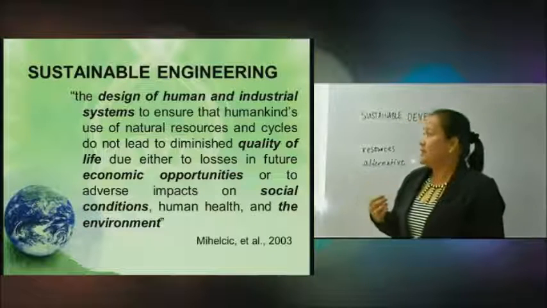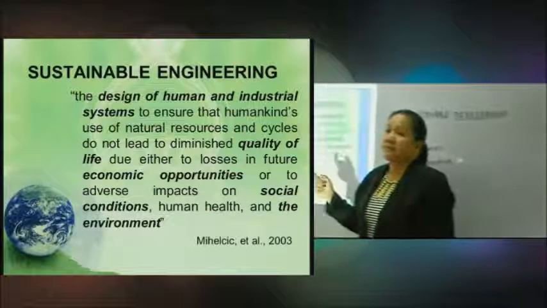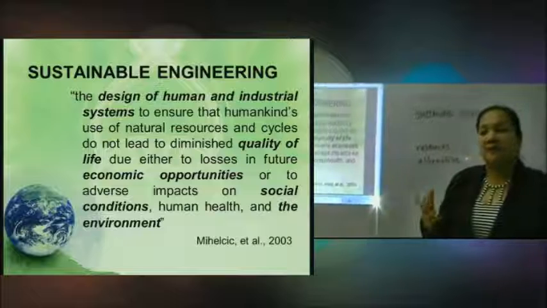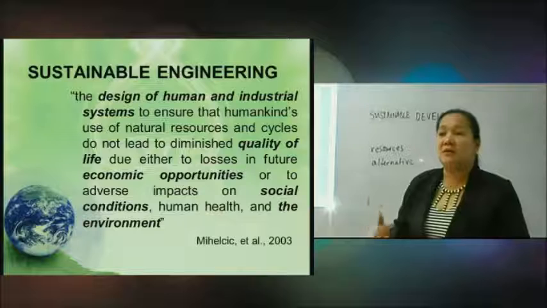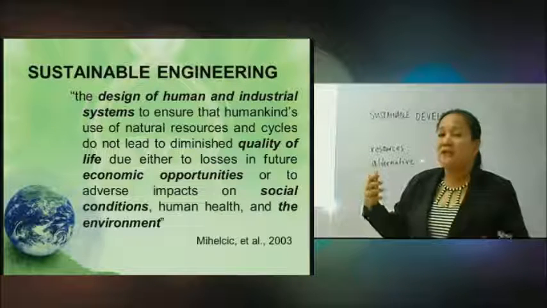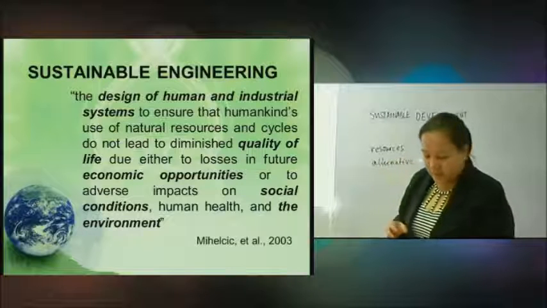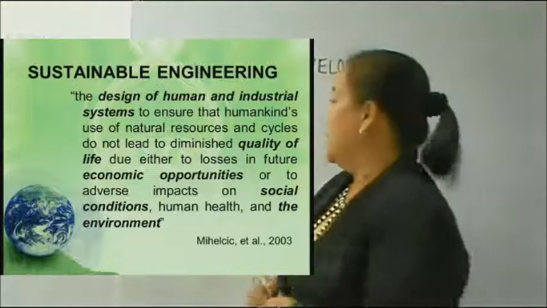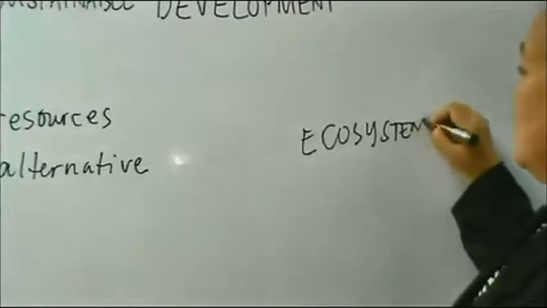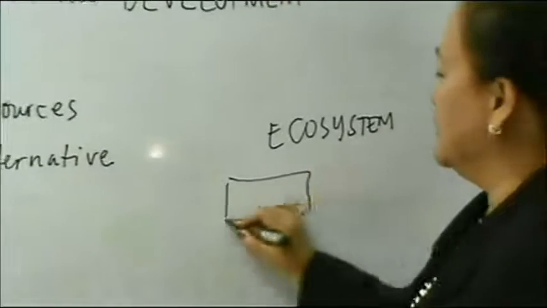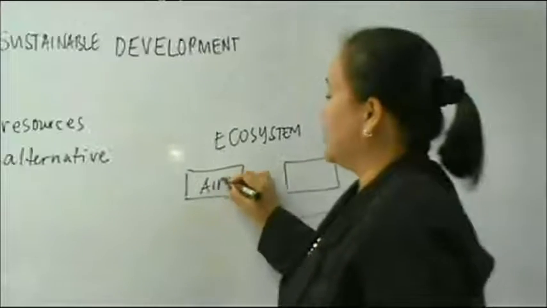Now, as chemical engineers also, you consider the design of human and industrial system. So you need to go back to your ecological knowledge or principles that you have learned in ecology or in your biology. And then we try to integrate it with another sphere. And that is what we call technosphere. So you have your ecosystem with the following matrices, such as air, that's your atmosphere.